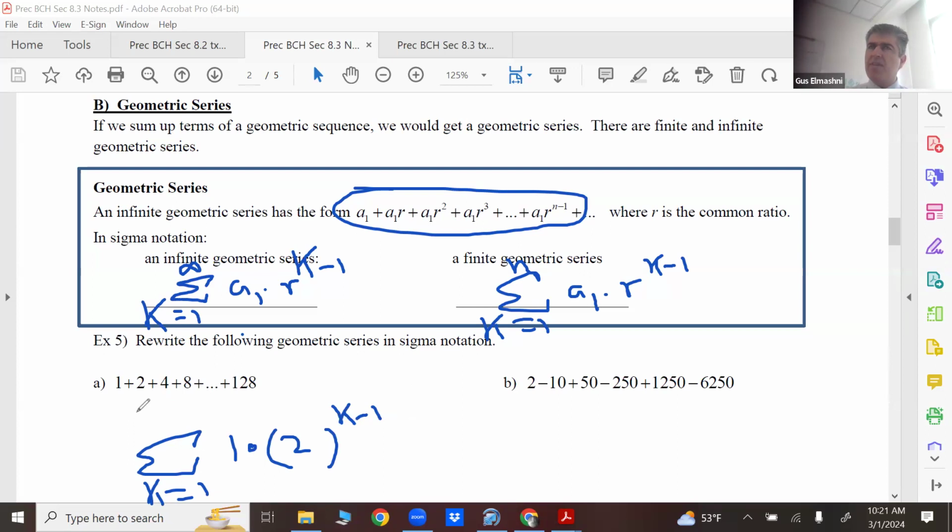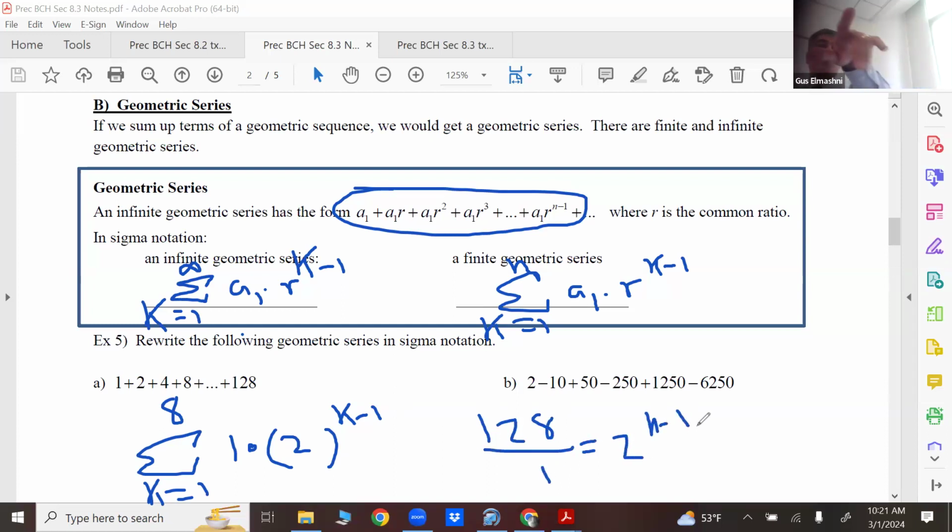I think it's 8. Yeah, the reason it's 8 is because the last term divided by the first term is 2 to the n minus 1. So you need 2 to the 7th power, but n is going to be 8 as a result. It's a little tricky, so you have to do that plus 1.